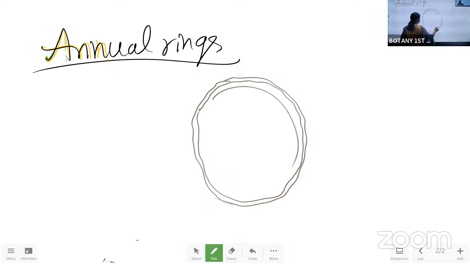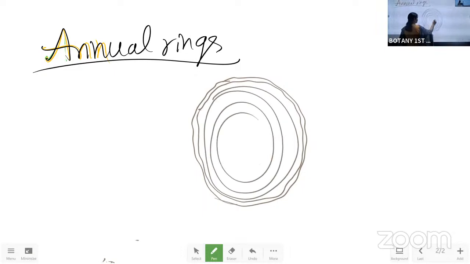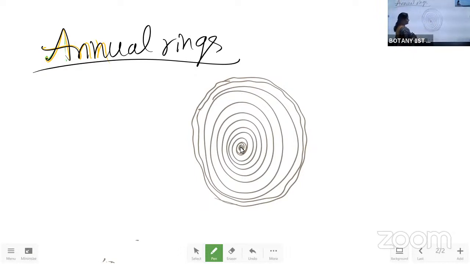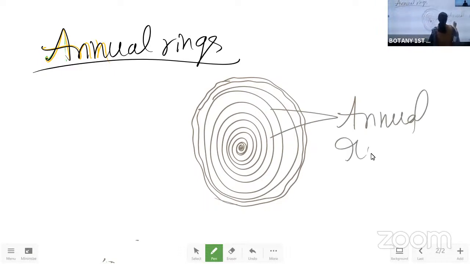We will be having the circles. See, like this, whenever you have seen a log, the log looks like this, no? So these are the annual rings.